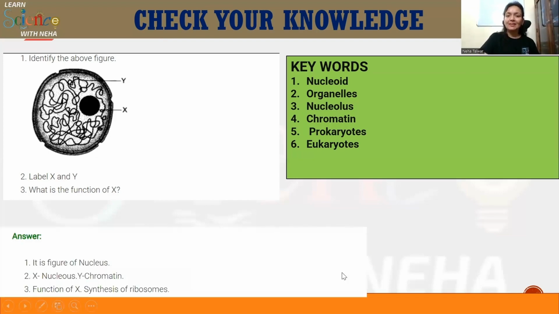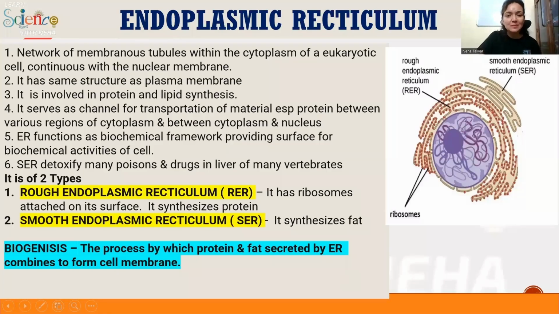Now, endoplasmic reticulum. For example, I have to move from one place to another. I need a road. Same is the case. This ER will provide a framework to the cell.